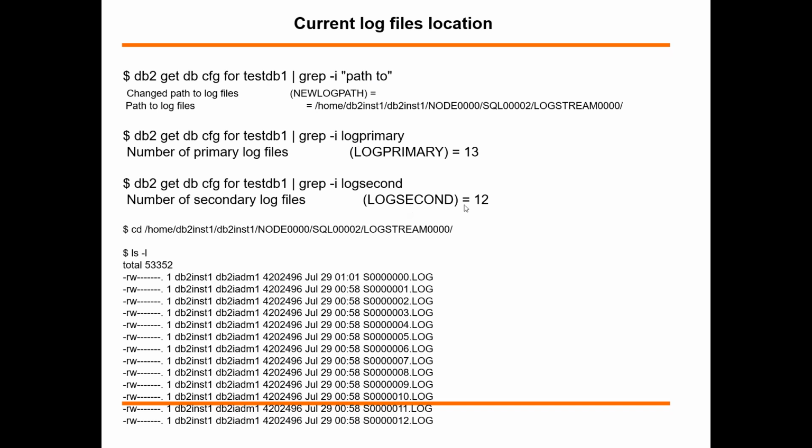Log secondary will help me have infinite logging. These are just default numbers, but what I suggest is to have a very big number for this. Log primary you can have up to 256. I mean, log primary plus log secondary can be 256 if log secondary is not -1.